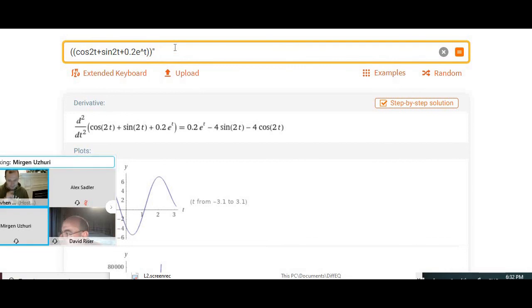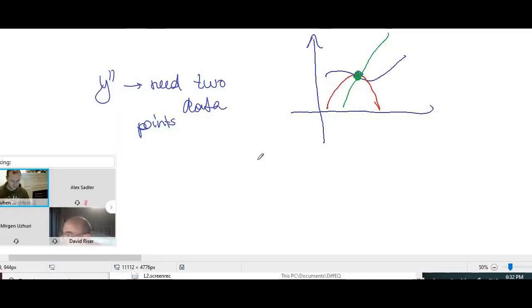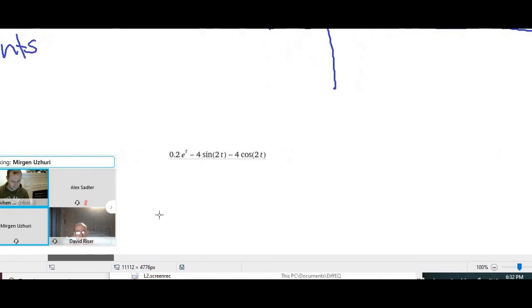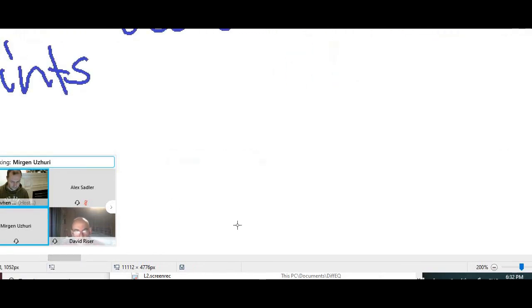And then the right-hand side, if we did everything correctly. By the way, I just captured the result of the right-hand side. The second derivative is this. Correct.